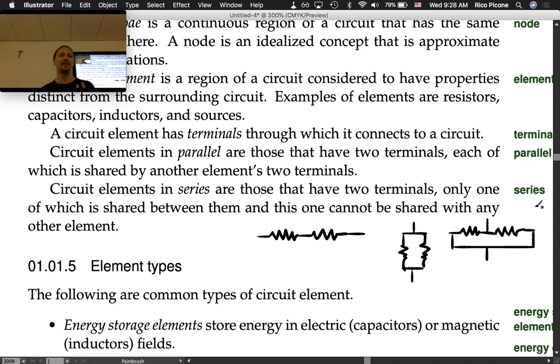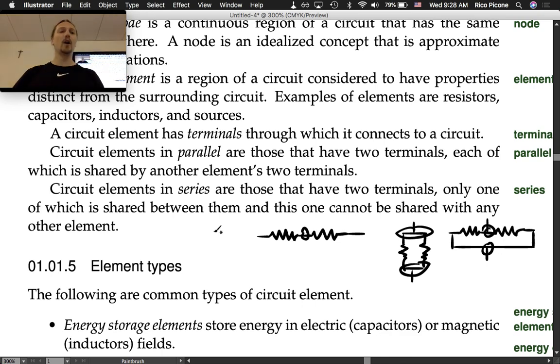So the key, if you go back to the definition of parallel, is shared terminals. This one only has one in common. Circuit elements in series are those that have two terminals, only one of which is shared between them.